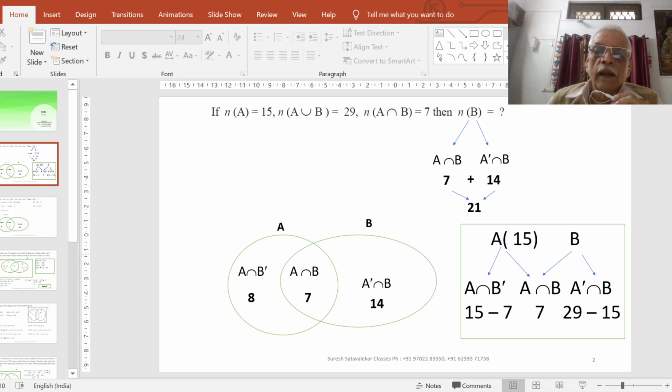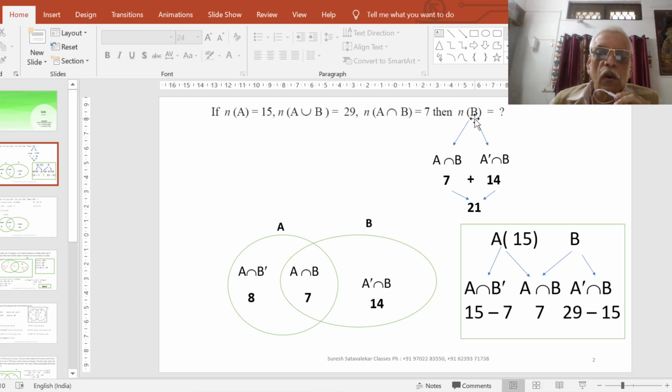And total elements in A union B is 29, so this complete figure contains 29 elements. Now we want how many elements are there in this part. From 29, if we subtract this 8 and 7, that is 15, we get 14. So A dash intersection B, only B, contains 14.